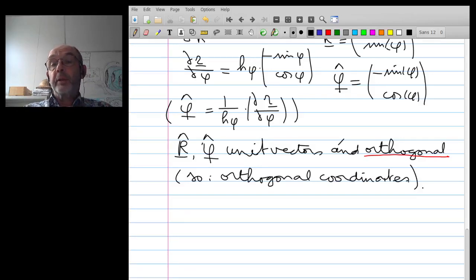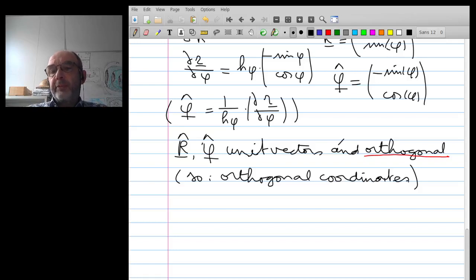And that is nice, because if you have orthogonal coordinates, you can also calculate inner products, you can calculate lengths of vectors and so on. If those vectors would not be perpendicular to each other, it would be very difficult to calculate.